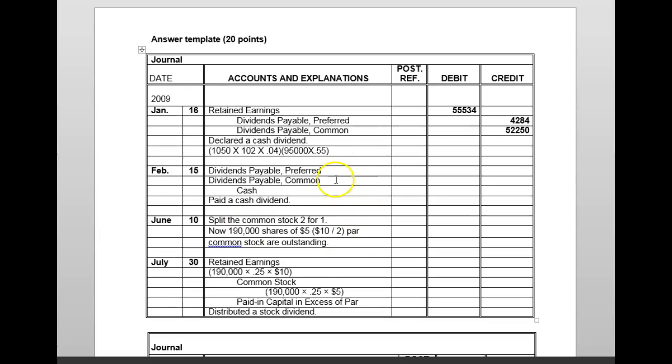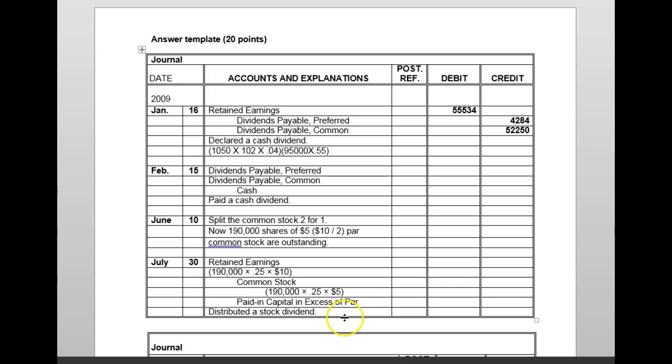So let's look at that. Now we are going to figure out how much all of this was worth. You'll notice there's no cash here. What we're trying to decide is how much we need to take out of retained earnings.